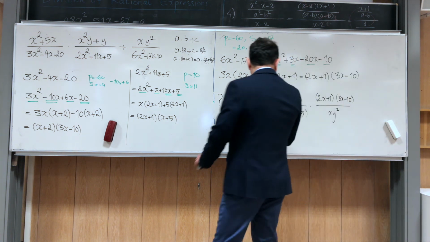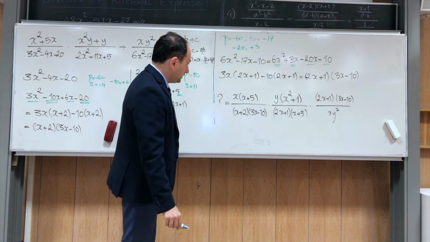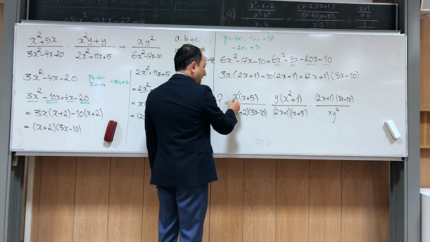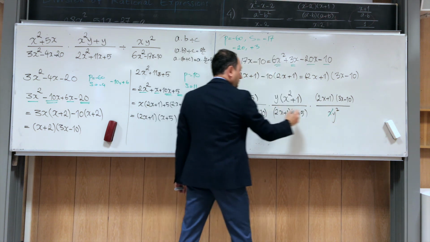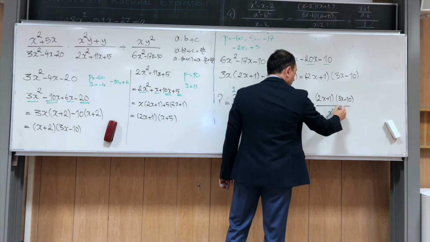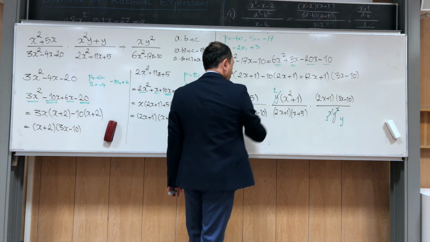Okay. Vertically, simplification is probably not possible, but in the cross manner, this x, for example, with that x are gone, so one here, one there. This y here and this y here is gone. One y is left. Here is 1.